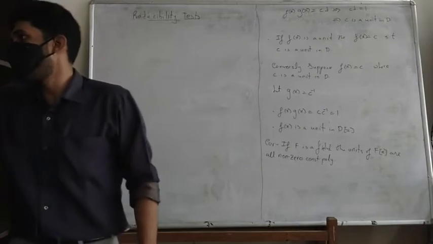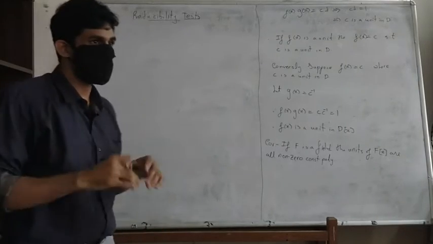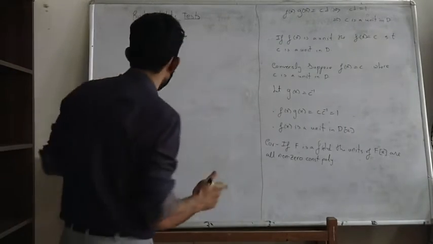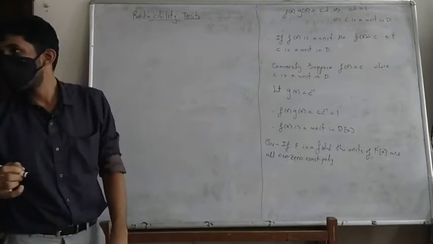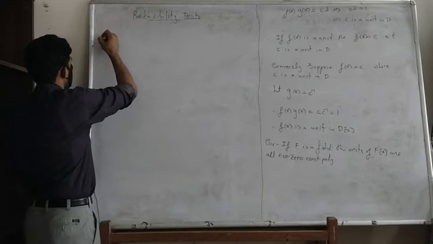So now, as I said, I am going to try to attempt at pulling off some things from Z. Okay, so first let us talk about irreducible polynomials.